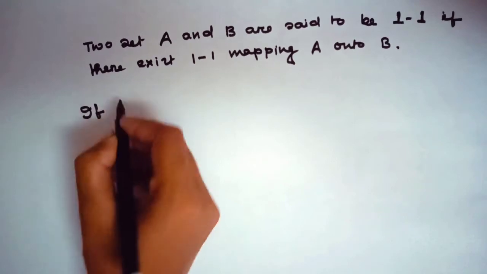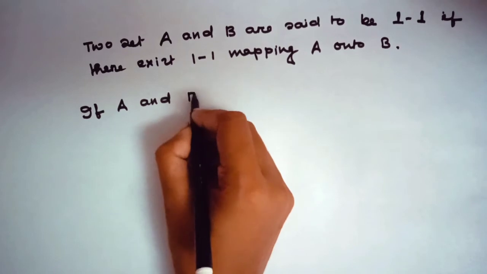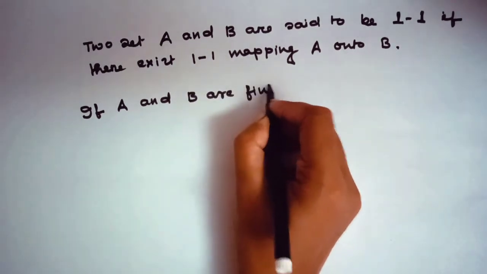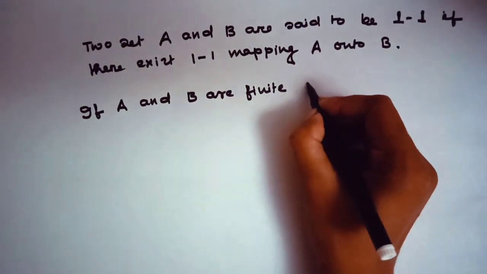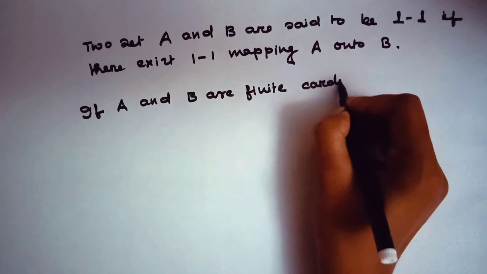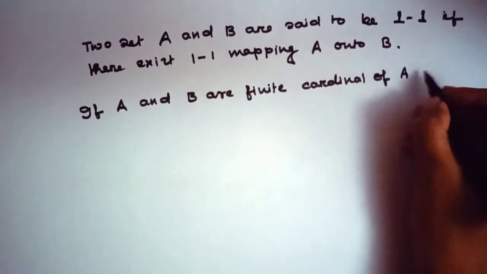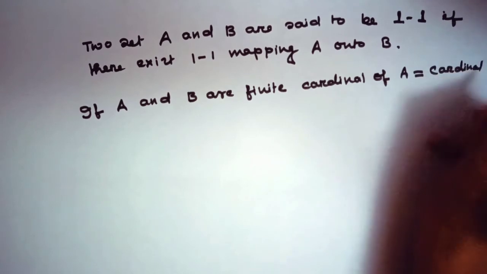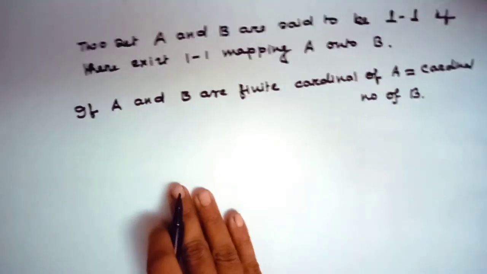If A and B are finite, then the cardinal number of A is equal to the cardinal number of B. What is cardinal number?